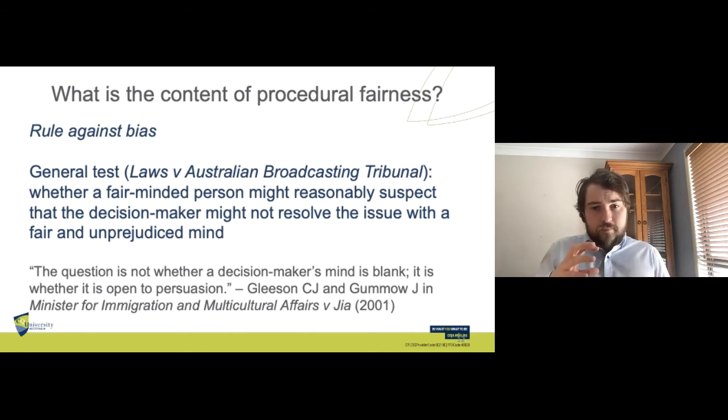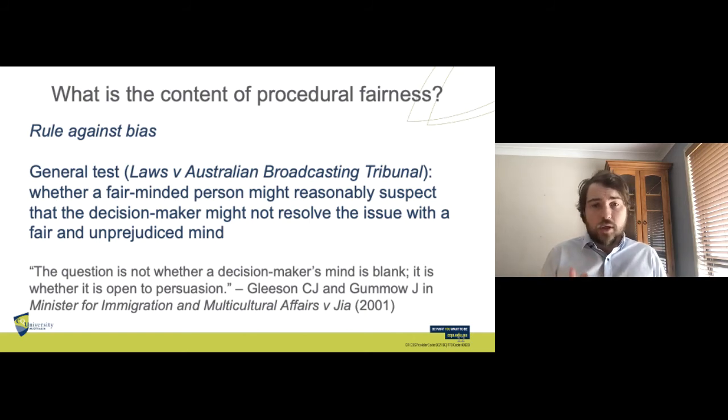There's some clarity in relation to what will actually cloud a decision maker's mind in relation to bias from Chief Justice Gleeson and Justice Gummow in Minister for Immigration and Multicultural Affairs and SGIA. In that case, they said the question is not whether the decision maker's mind is blank, it's whether it's open to persuasion.